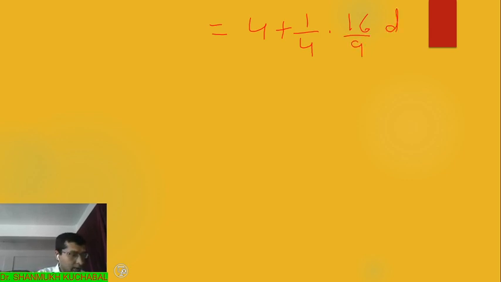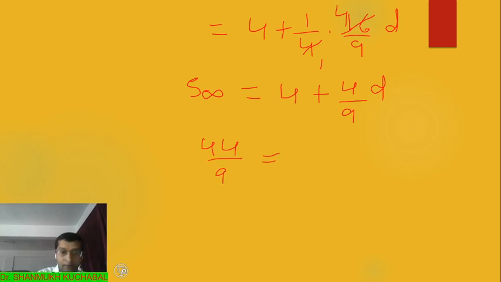Then we get S infinity: 4 ones are 4, 4 fours are 16. So we get 4 plus 4 by 9 d, and for an infinite number of terms S infinity is defined as 44 divided by 9 equal to 4 plus 4 by 9 times d.